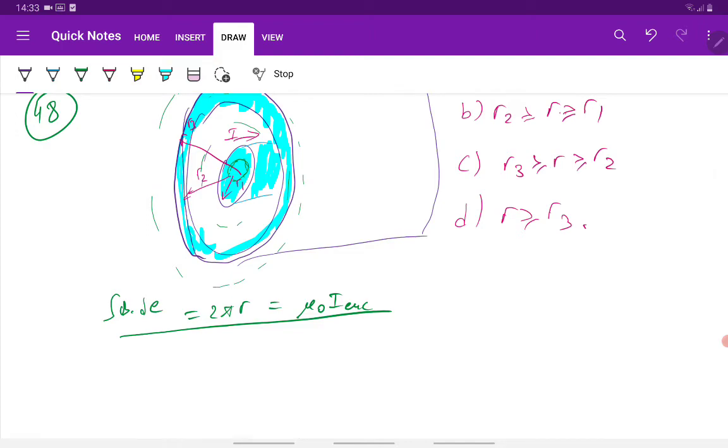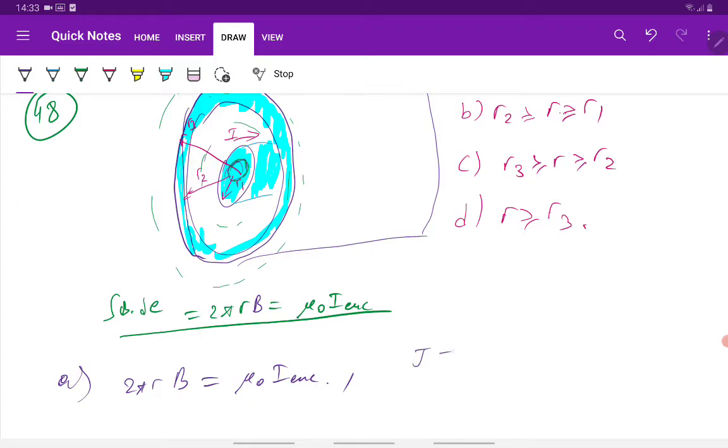So let's substitute for A. But as usual, to find the current enclosed here, since current in this problem is also uniformly distributed, we can first find the current density.